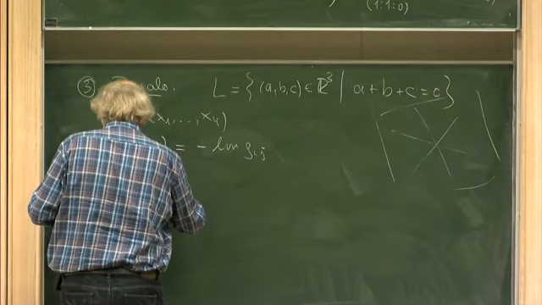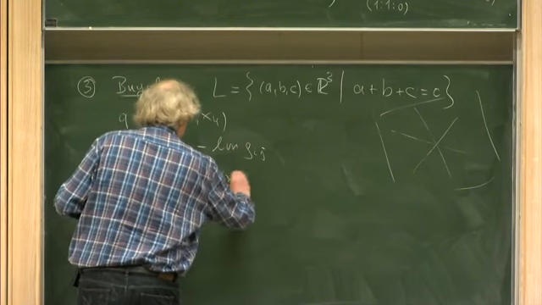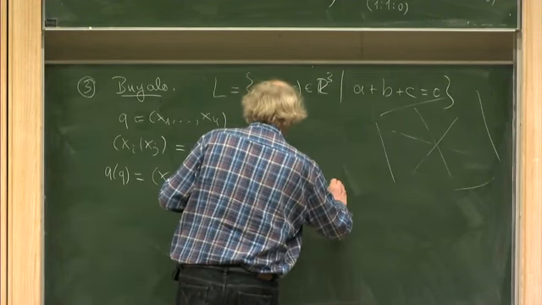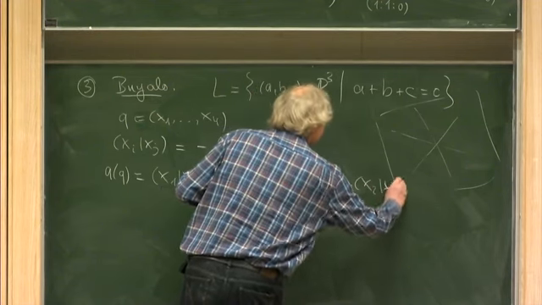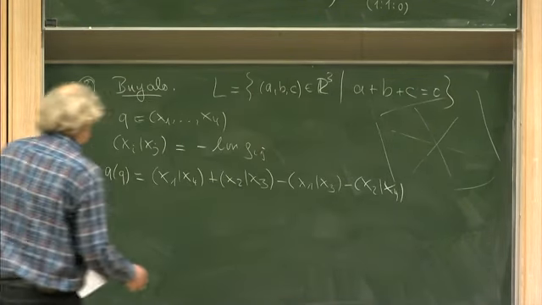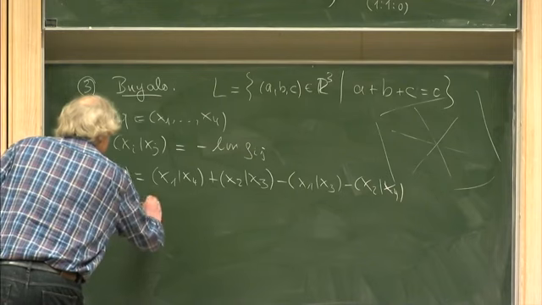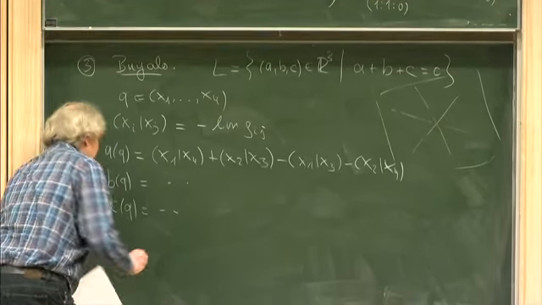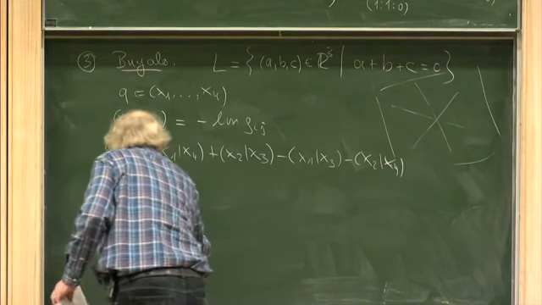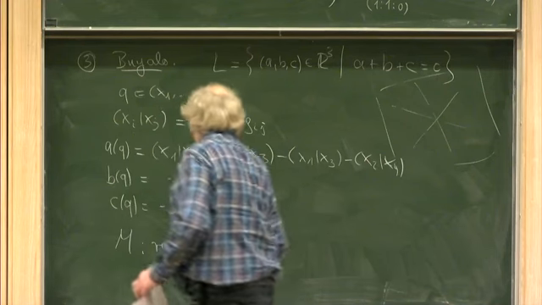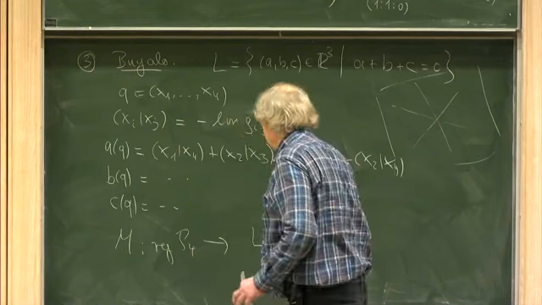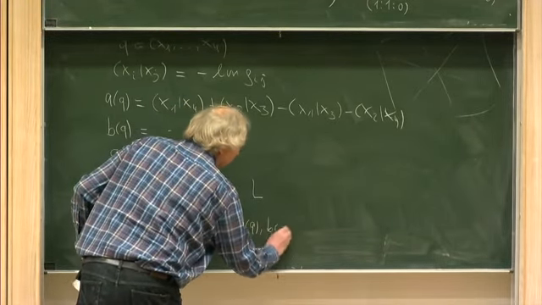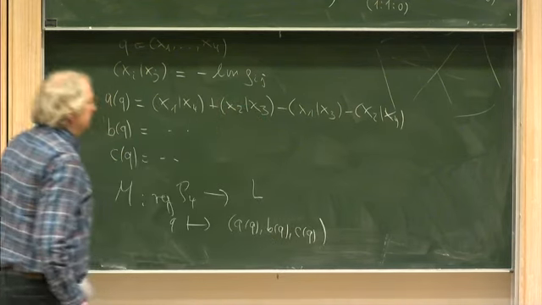So that is then a double difference, and in a similar way B and C, and you define a map M from the regular points into this plane L. Q goes to AQ, BQ, CQ.